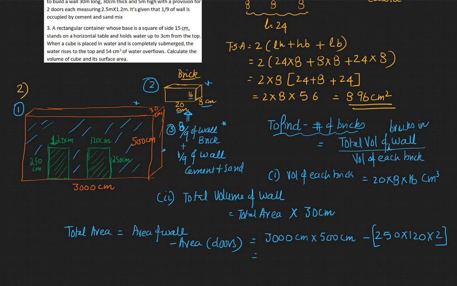So this is a classic example where your exponents will come really handy. So you have 3 zeros and 2 zeros, so we can say that it's 15 into 10 power 5 centimeters square minus, you have 250 into 2 is 500.